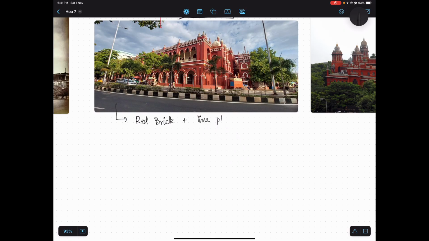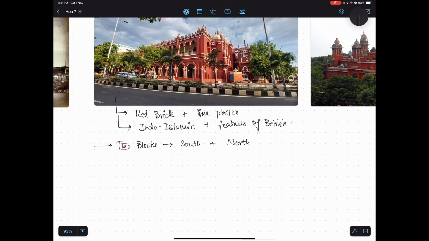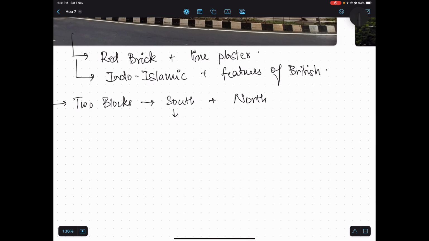This was a mixture of Indo-Islamic plus some features from the British architectural style. And the Chepak Palace consists of two blocks, the south and the north block. The south block is called Khalsa Mahal, while the north block is called Humayun Mahal.